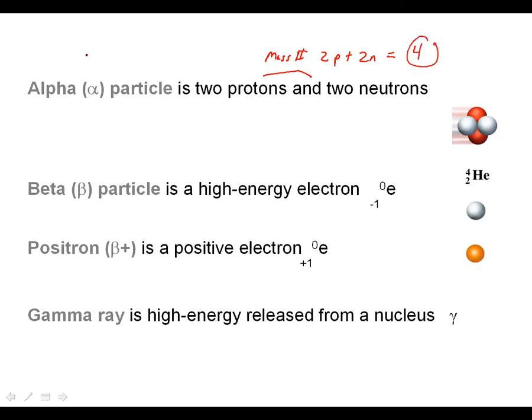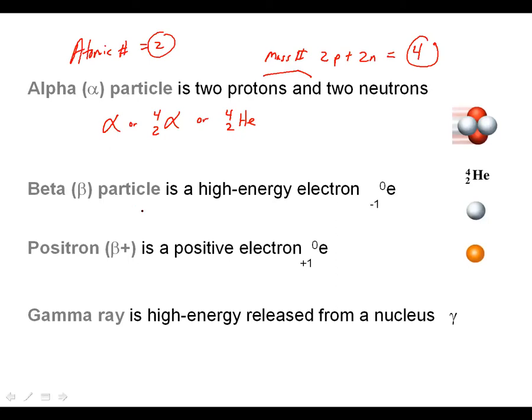The atomic number, which you can find from the periodic table, is 2 for helium. Alpha particles sometimes display like that. Sometimes the alpha particle will actually have the 4 and the 2, the 4 being the mass number, the 2 being the atomic number, which are very common in nuclear chemistry. People will just use helium as well, again, the 4 being the mass number, the 2 being the atomic number.